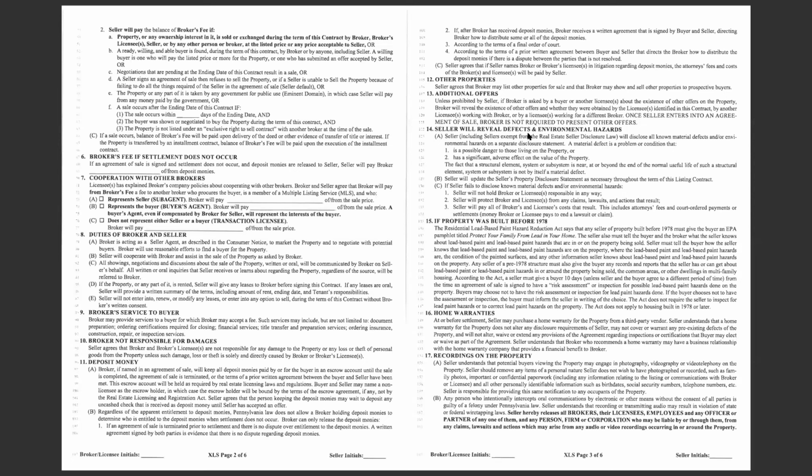Now remember, on the previous page, the decision was made between the seller and the licensee what percentage of commission for the compensation is going to be paid to the brokerage.